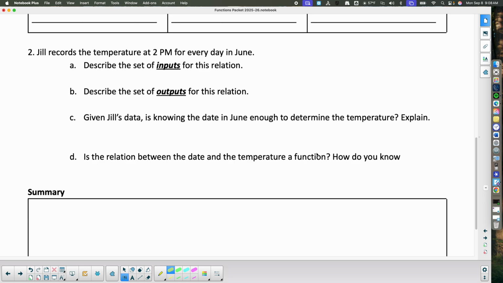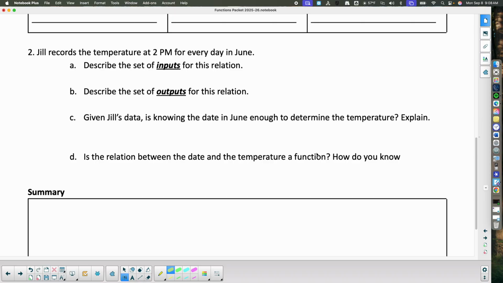And Alize has this answer ready to go. Is that a function? How come? You talked yourself out of an answer, it sounded like. Yes. Okay, how come? Because there are different days in June, and you don't record twice on the same day.